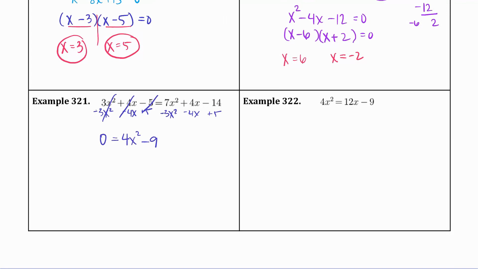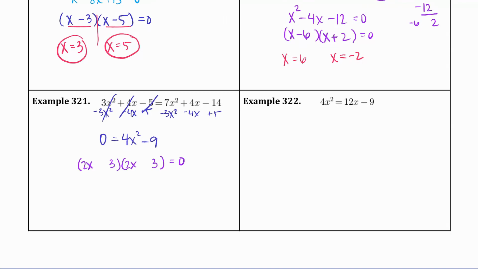Okay, let's think about our kinds of factoring here. We recognize this as the difference of squares. This is a perfect square, this is a perfect square, and it's subtraction. So we can factor it like this. And I'm going to move 0 to the right side just because that looks how we normally see it. The square root of 4x squared is 2x. The square root of 9 is 3.